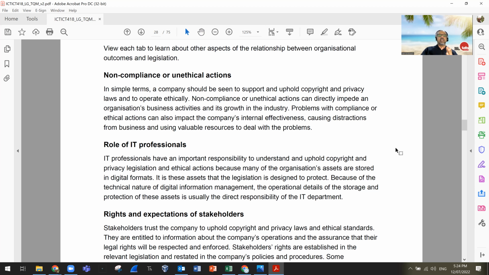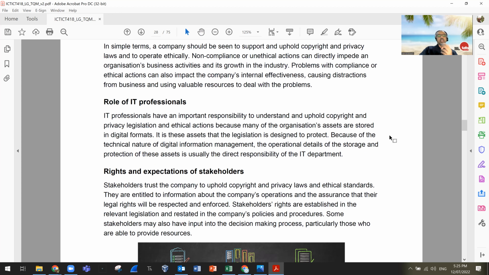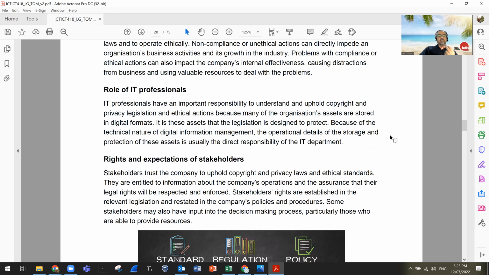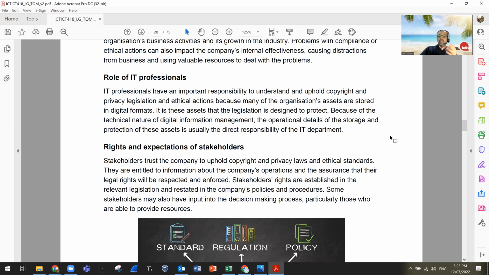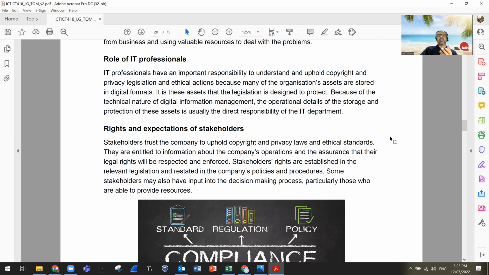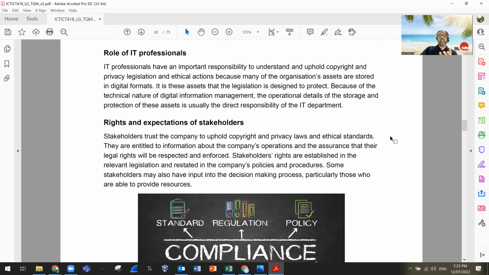So smoking is different than stealing, different than swearing at someone, and so on. So different things. Here, the role of us as IT professionals, for example, we will protect the network and not enable students to install software on TAFE machines.